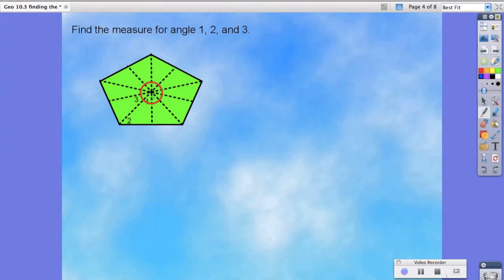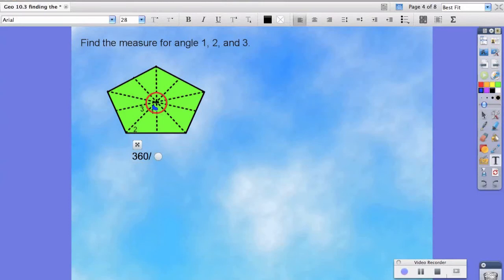So we're trying to find angle 1, which is this one. In a circle there are 360 degrees. So 360 degrees divided by 10 equals 36 degrees. So from that we know that angle 1 equals 36 degrees.